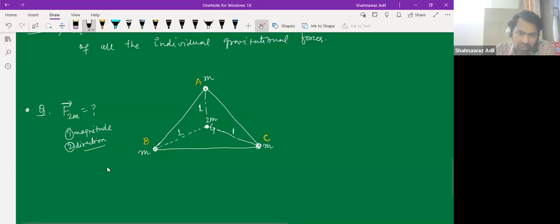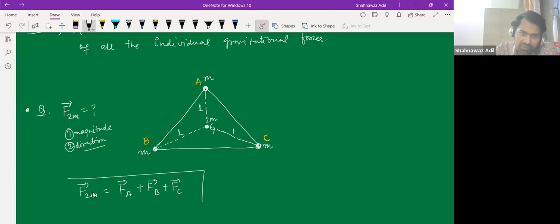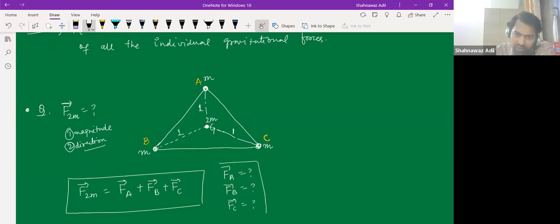So F2m would be the vector sum of FA plus FB plus FC. We have to figure out what is the FA vector, the FB vector, and the FC vector. The simple thing is that we can calculate the magnitude, which is easy.